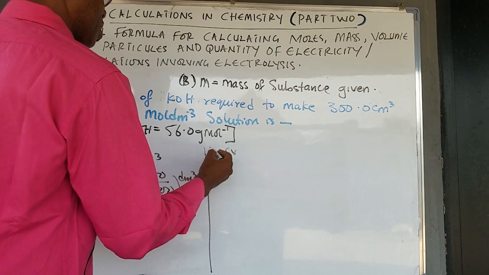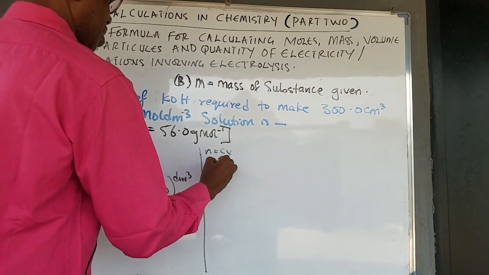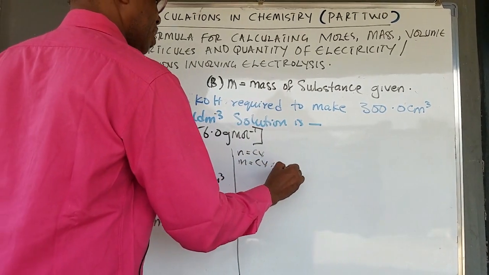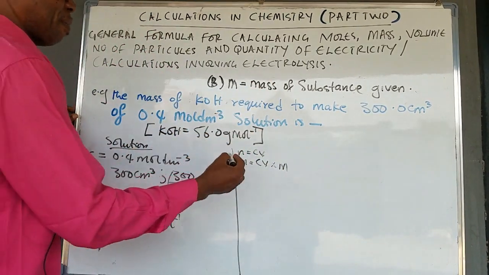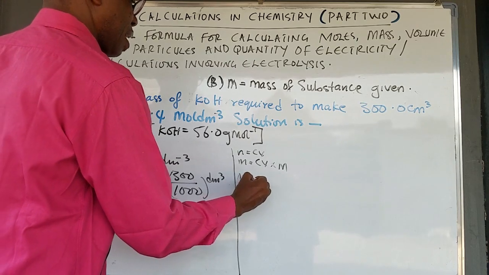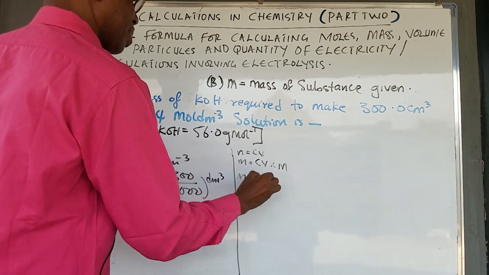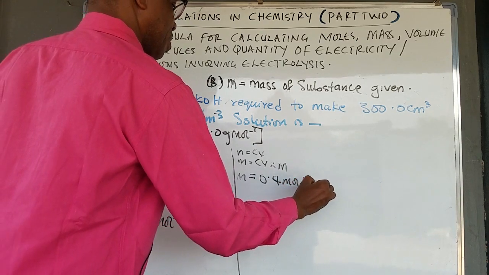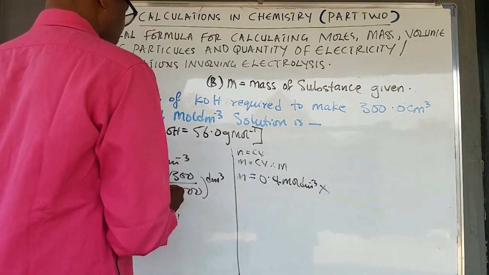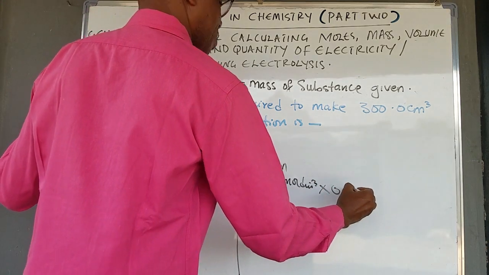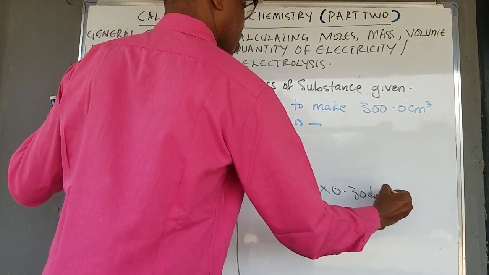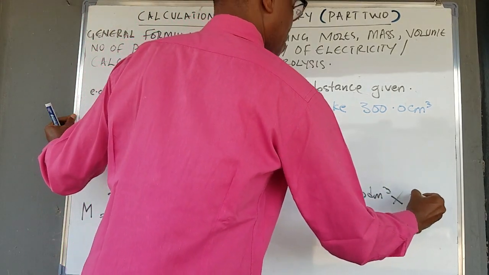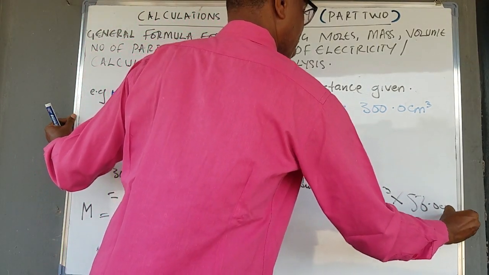In the case of mass, similar thing, m is equal to CV, but what is different now is that you add the big M. So with this information, my small m is equal to C, which is 0.4 mole per dm³, times V, which is 0.30 dm³, and the big M we have there is 56.0 grams per mole.